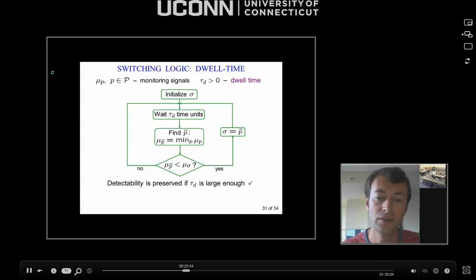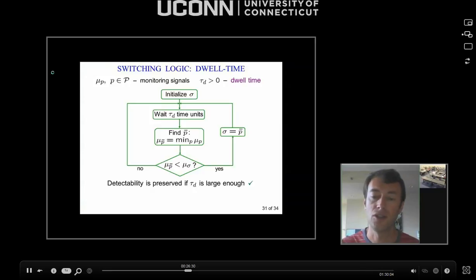And there are basic results that are known, as I already mentioned, in stability of switched systems, which say that stability, or in this case detectability, which are closely related, is preserved if you choose the dwell time to be large enough. So this may suggest that such a switching logic is quite suitable, but in fact it's quite difficult to obtain a bound on the estimation error E sub sigma in terms of E T star, because you lose performance if you choose the dwell time large enough.